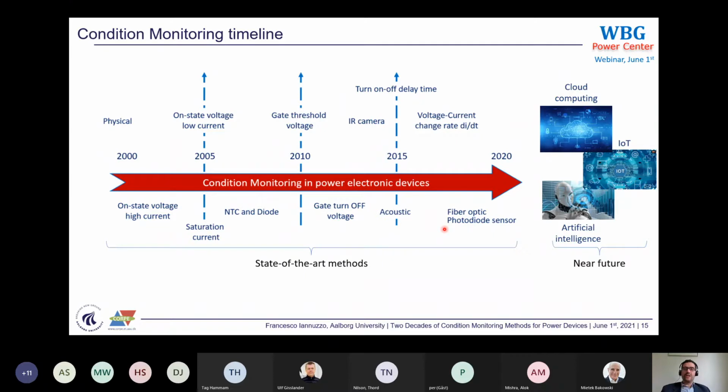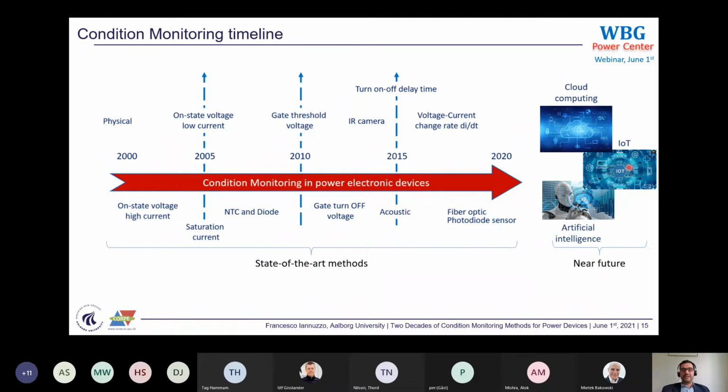Well, I will try showing you how important it is not just to monitor what the condition is, but also to be able to work out some conclusion out of it. To do this, we need, first of all, to communicate. So we need to have everything connected, which is not happening yet. Our power electronics are isolated for their entire life, and this is something, by definition, inhibiting condition monitoring.